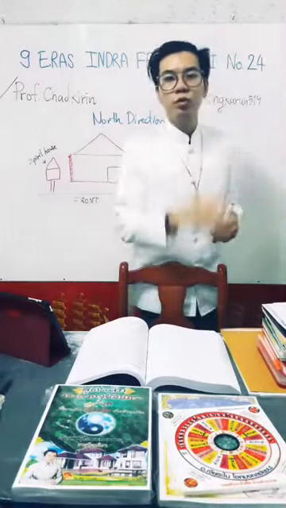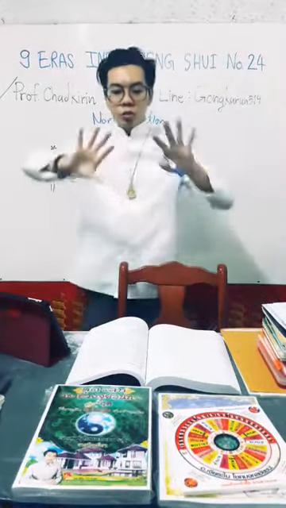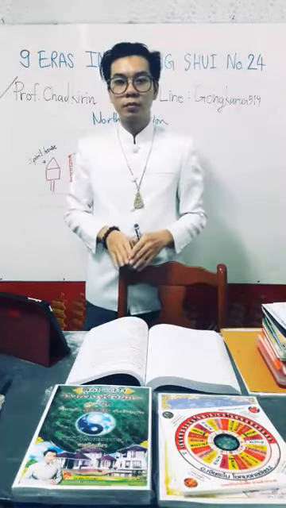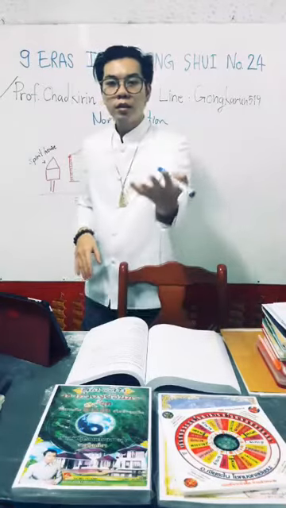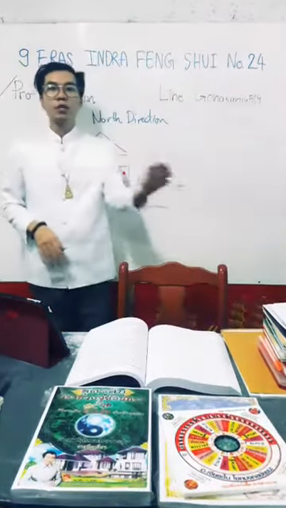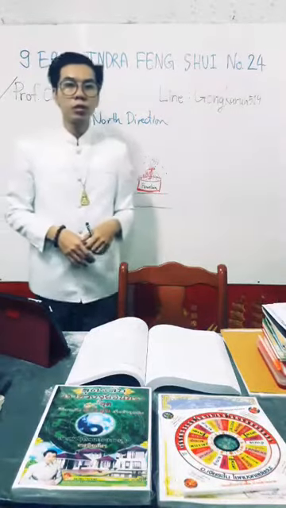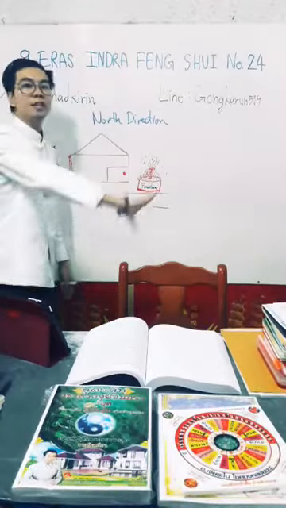I informed you that the gate is the most important. We always have to clear the thing to welcome whatever goes through the house. So the part of the door or the gate, you have to clear it.